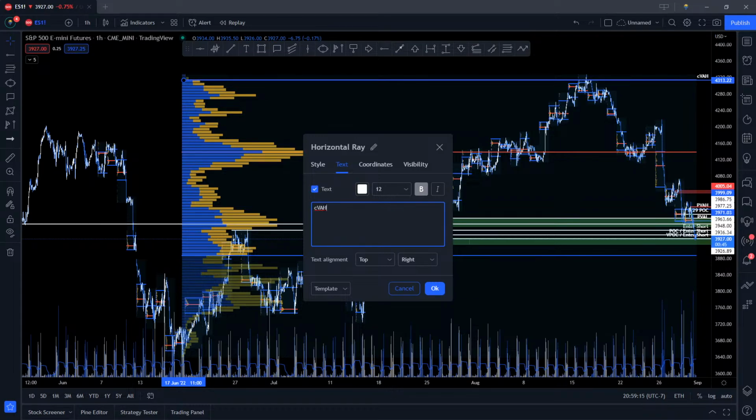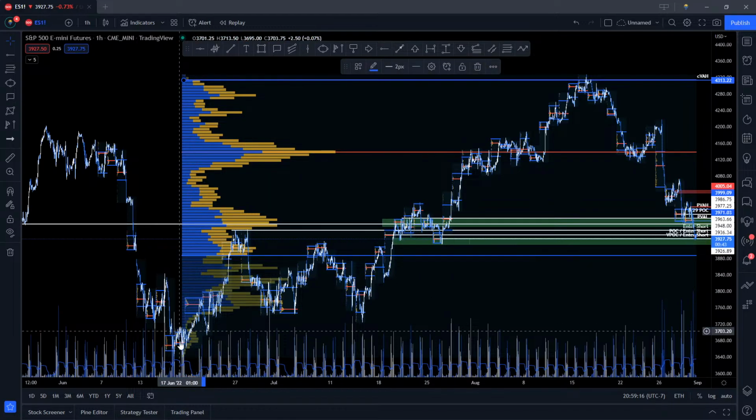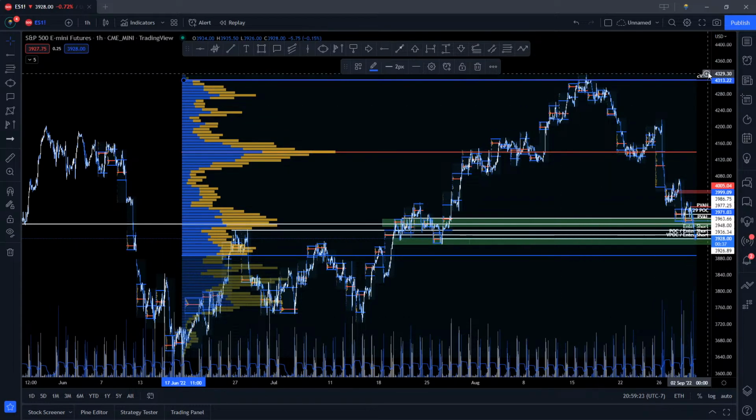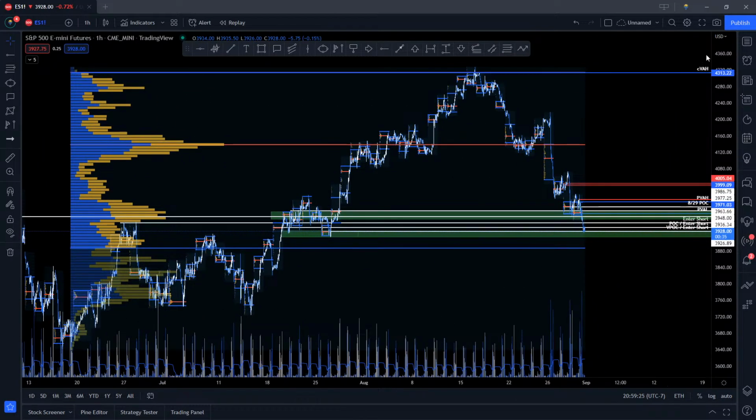So cumulative value area high. When I look at this, from the low to the high, this is my short entry. Like on the bigger picture, this will be my short entry. If price comes up to here, full port, short right here. And then I'll do cumulative POC, cumulative value area low.